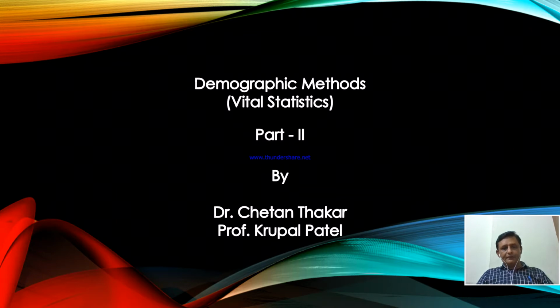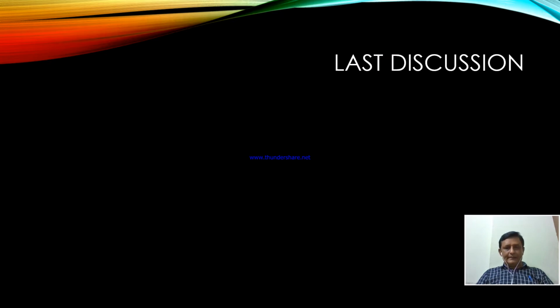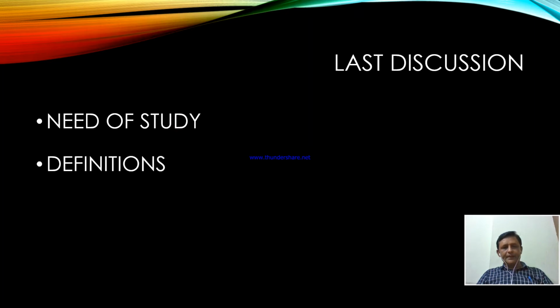So let me continue our discussion with phase 2, part 2. What we discussed last? We talked on need of study, then we talked on definitions, we discussed about the advantages when the data collection has been made by the government authorities and where it is used.